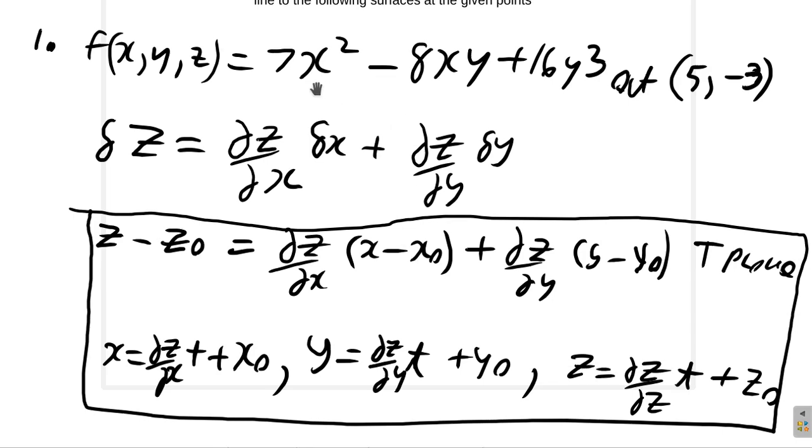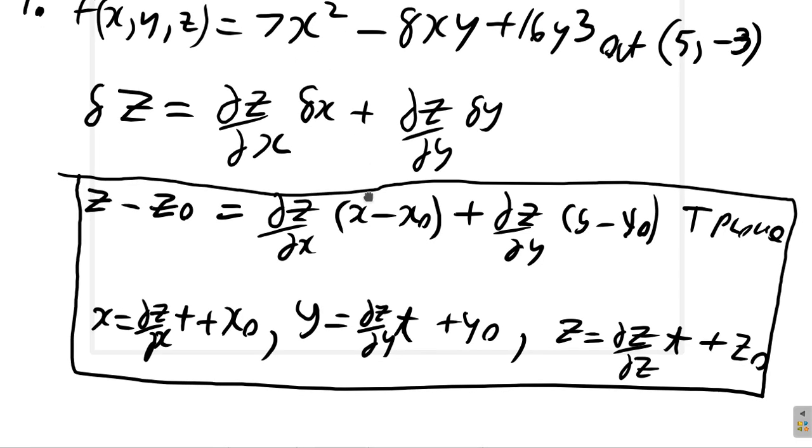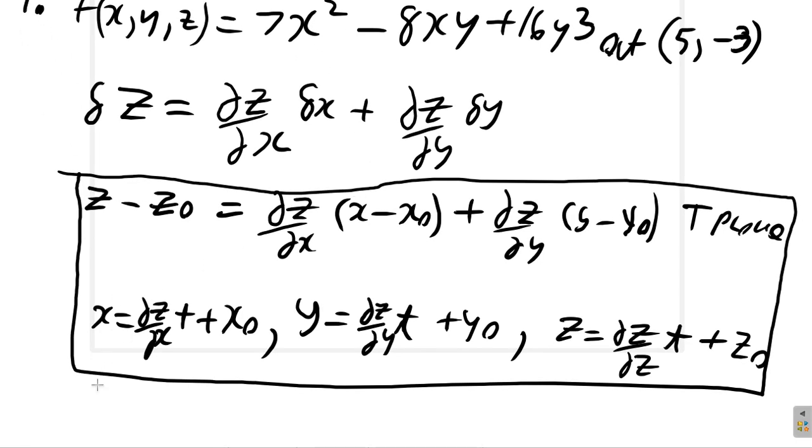Right, what is delta z by delta x? Delta z by delta x is equal to 14x minus 8y. Well, that's that.